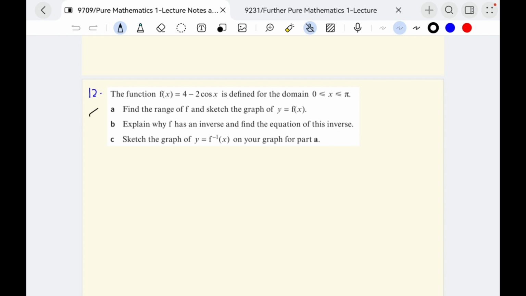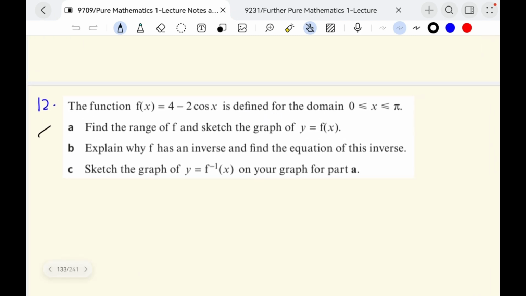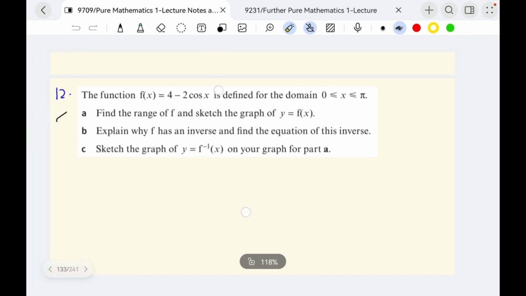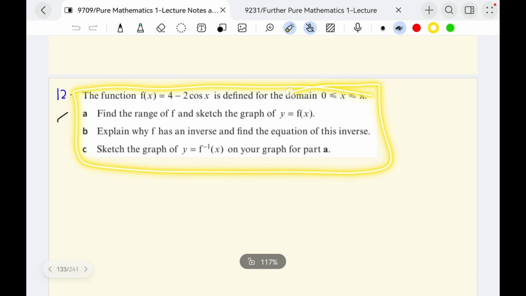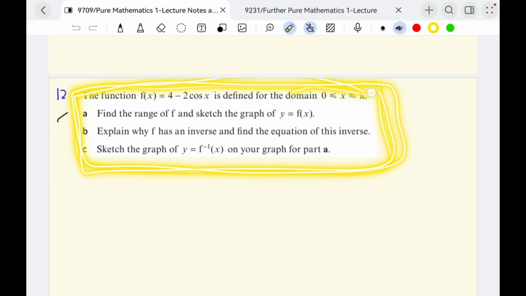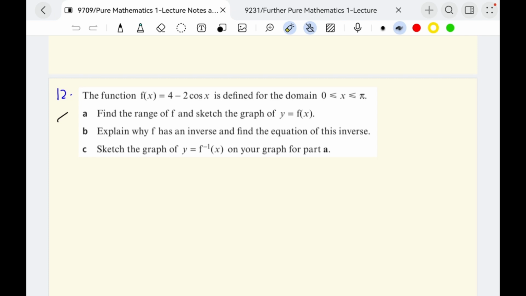Okay, here's the next question. It's still under the course book. So this is how the real external examinations come out like. Okay, the actual official questions. We know that there are trigo functions.